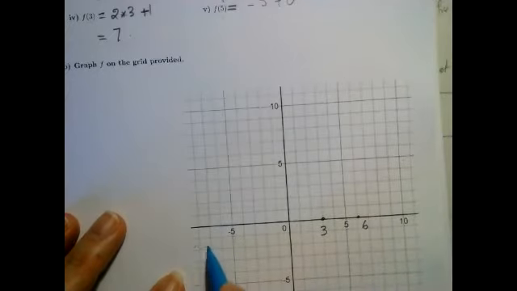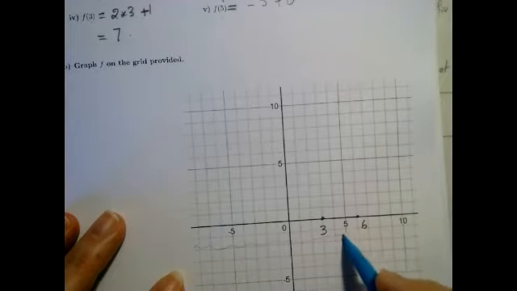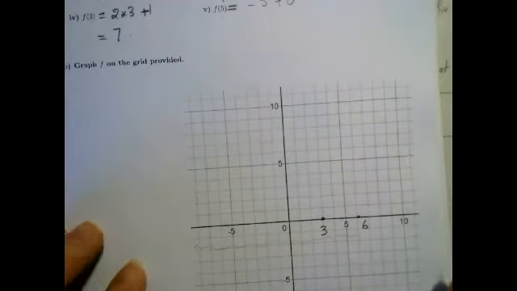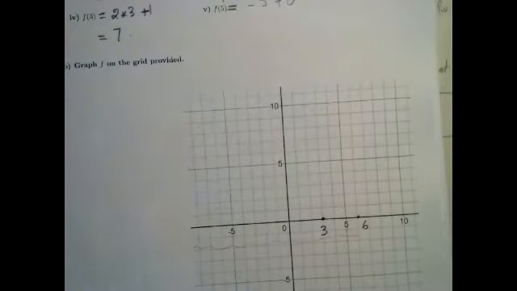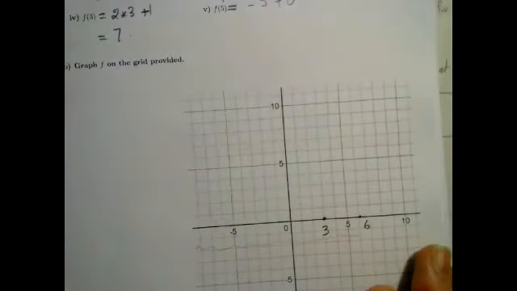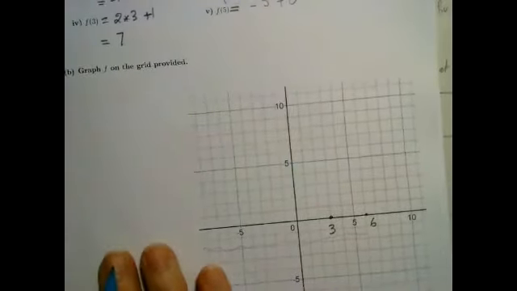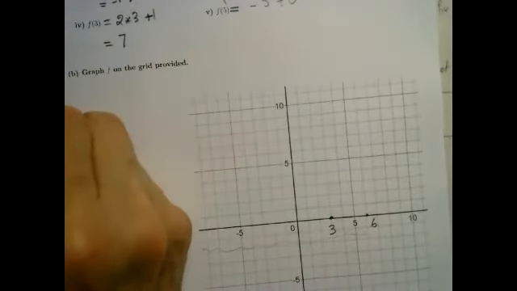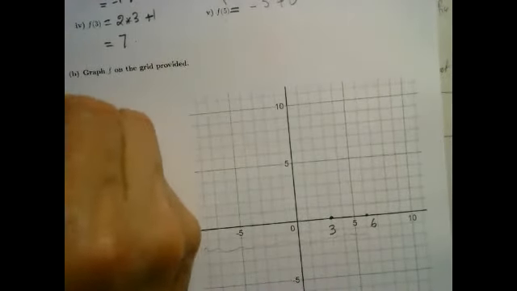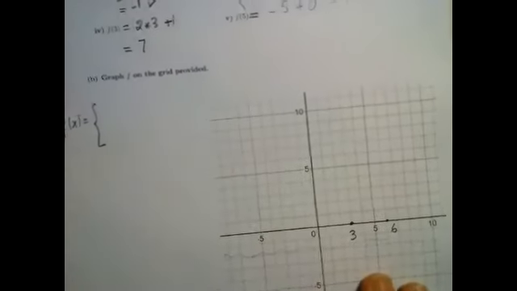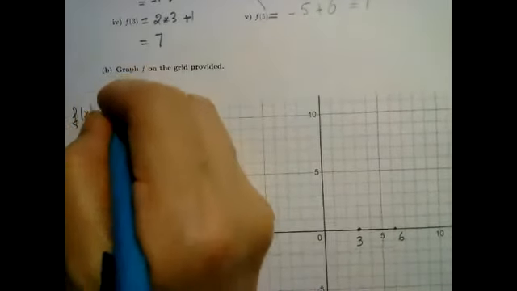So I have one piece up to 3. And I have another piece between 3 and 6. Okay. So we're going to have 2 graphs, 2 pieces. That's why it's called a piecewise defined function. So let's see how we're going to do that. I will rewrite my function right there so we can see it. So it's 2x plus 1.